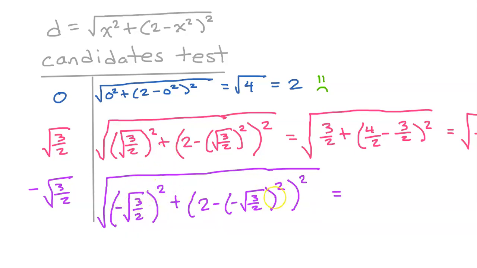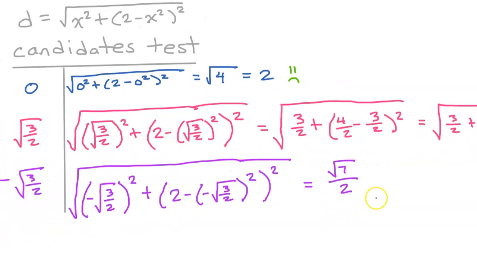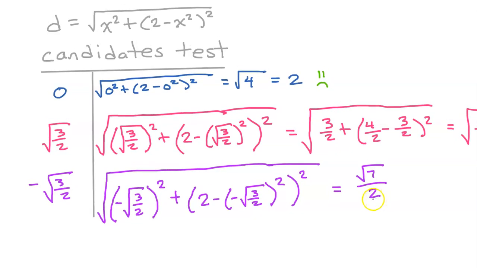So this will immediately give us the same thing we got the last time, because when you square it, it's going to turn positive anyway. So the negative sign is not going to change anything. So that means that we are going to get radical 7 over 2 again for this one. And we don't have to show all of this work. We just know it's going to come out to be the same thing.